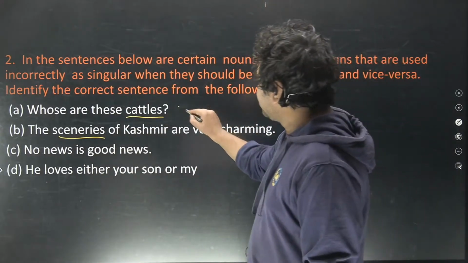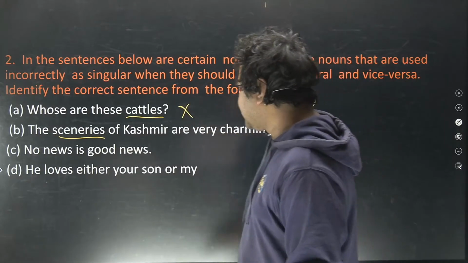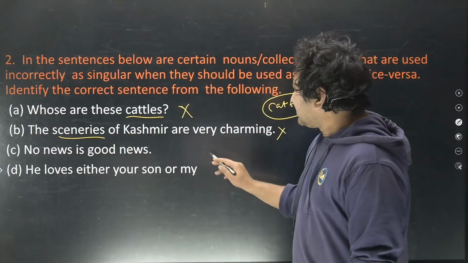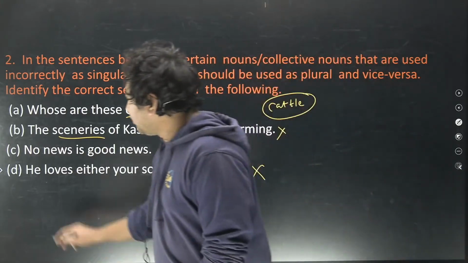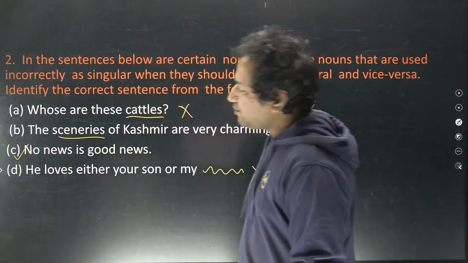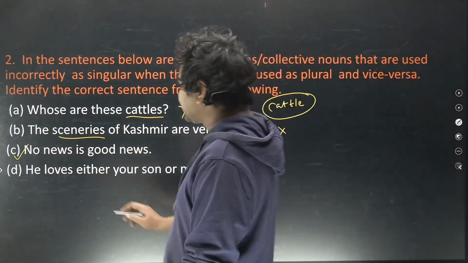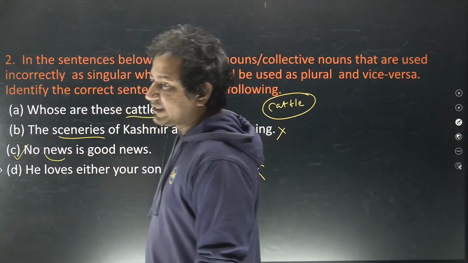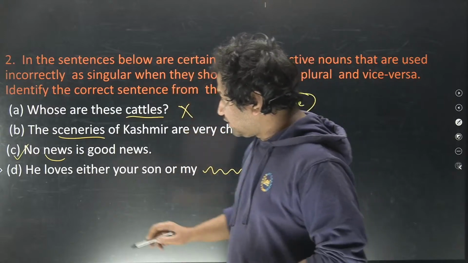That is why these two are wrong. If you look at fourth statement, he loves either your son or my. The sentence has a sense of incompletion, so this cannot be correct. No news is good news is the proper sentence, and news here is considered to be one singular noun. Do not get confused by S.